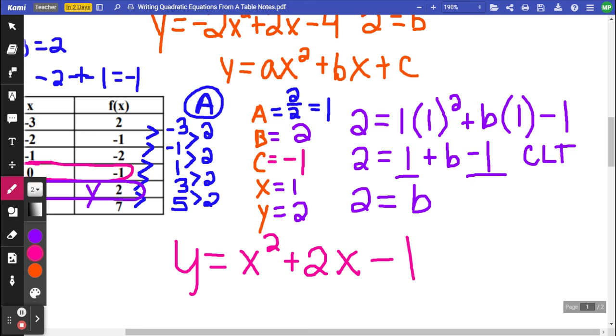Okay, now I have my A, C, x, and y. I want to plug into this formula: ax squared plus bx plus c. What is your y? Negative 20 equals, what's your a?